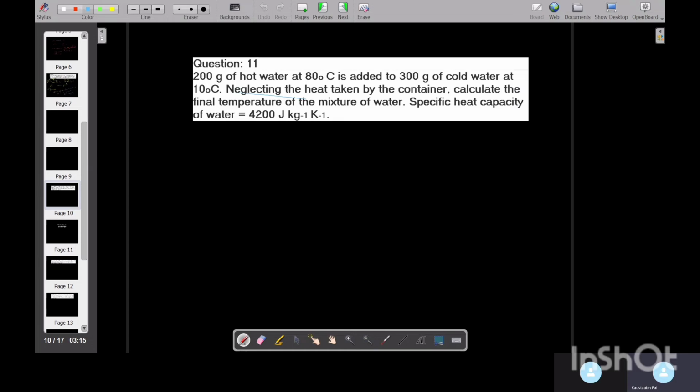When they have told us to neglect the heat taken by the container, we won't get involved in calculating the heat taken by the container, though there is definitely a container when they mix the hot water.